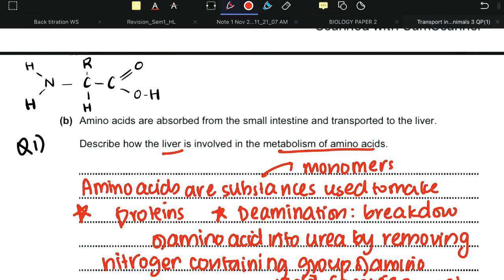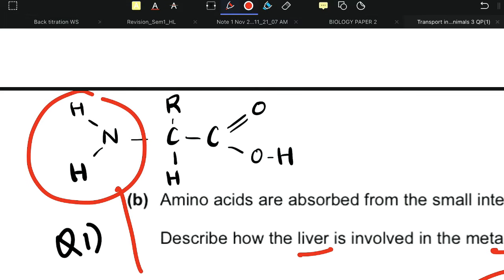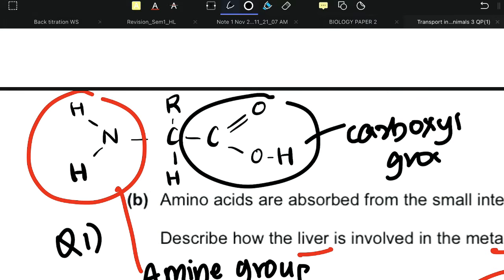So for example, this is the structure of the amino acid. Here, this NH2 is called your amine group. And here, where you have your COOH, this is called your carboxyl group. This is the structure of the amino acid.